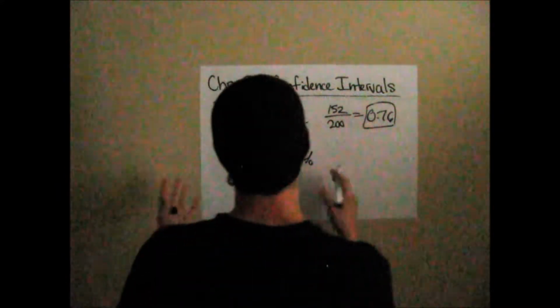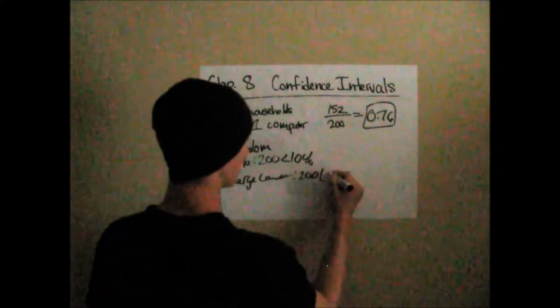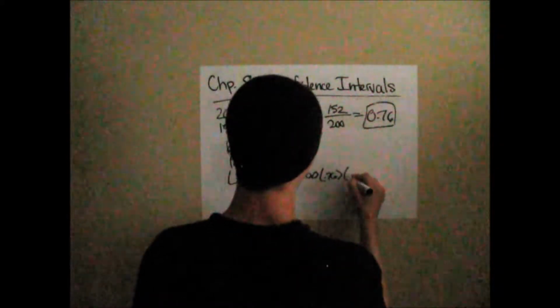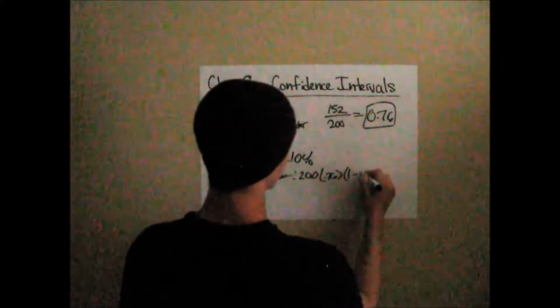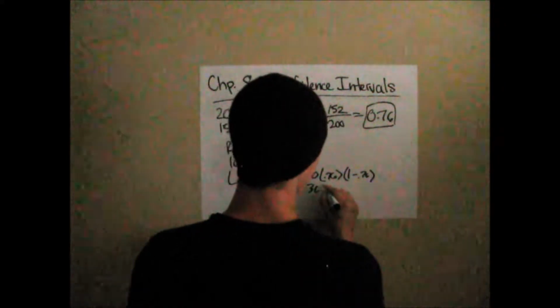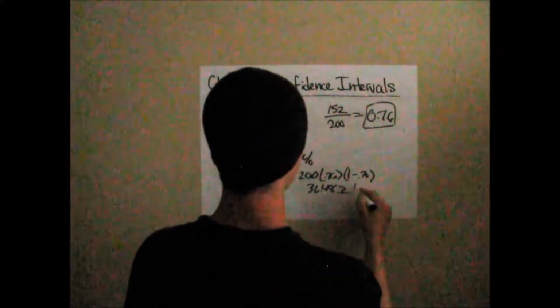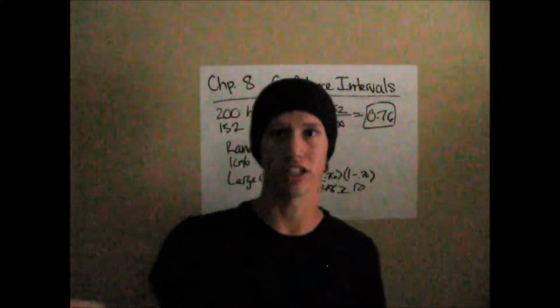So we have our 200 times 0.76 times 1 minus 0.76, which comes out to be 36.48. And this, of course, is greater than 10. So all the conditions are met.